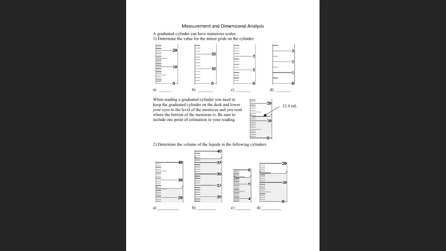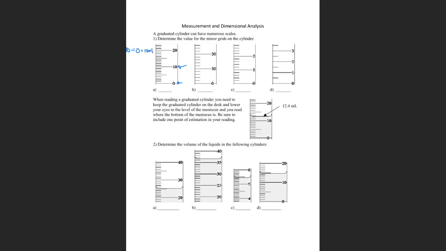So I'm looking at these 2 marks right here. This is the 0 mark, and this is the 10 mark. Once again, the difference between these 2 is 10 minus 0, which is 10 milliliters.